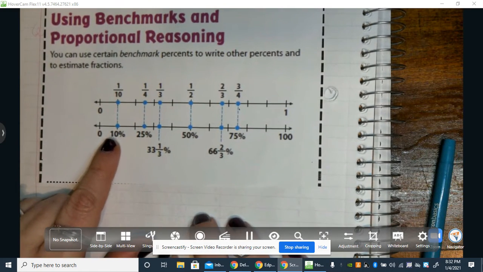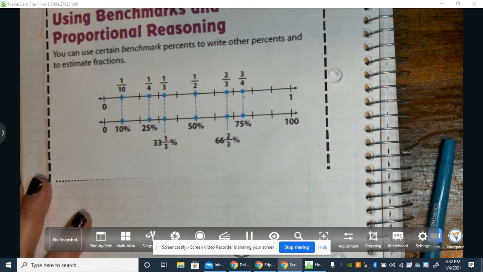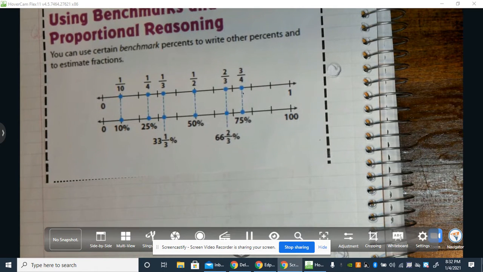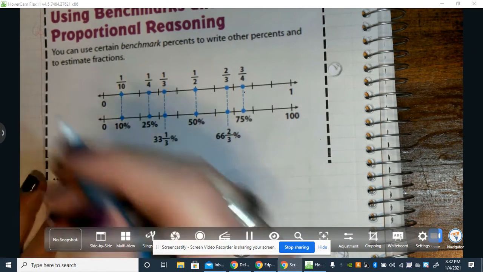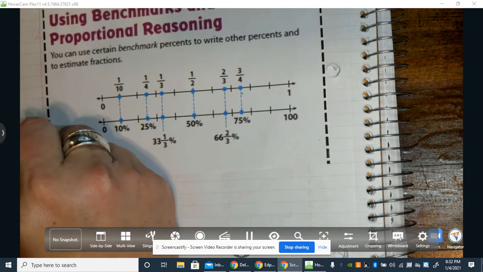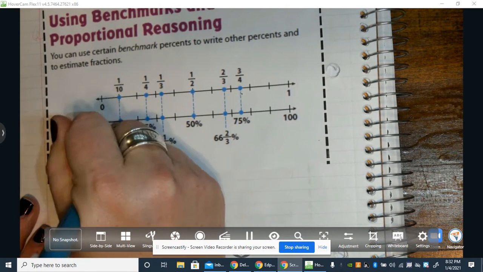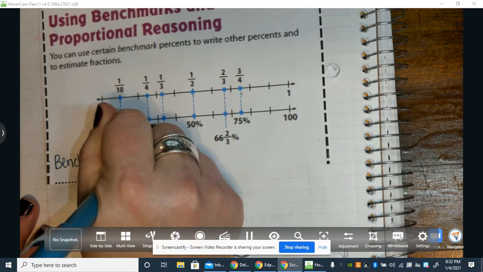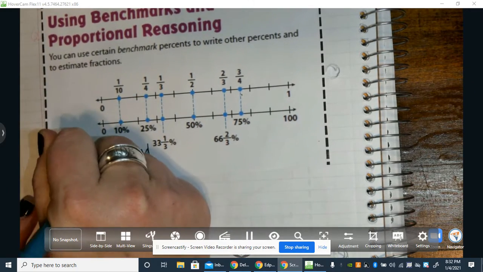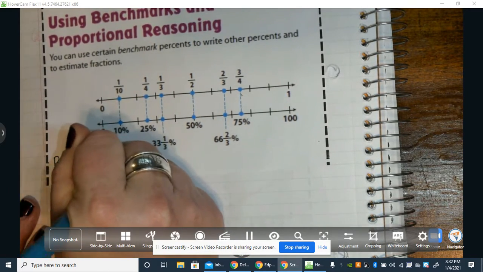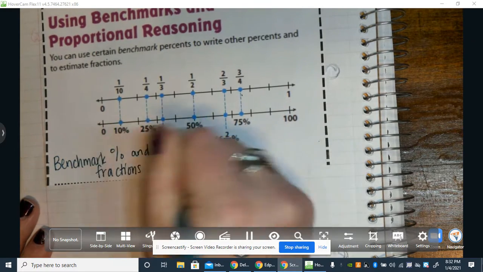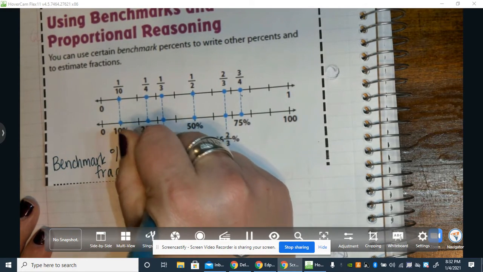We're just going to write that down real quick: benchmark percents and fractions are seen most often.